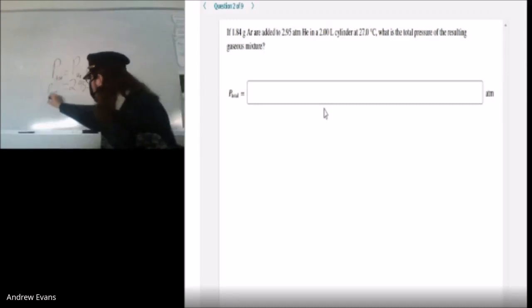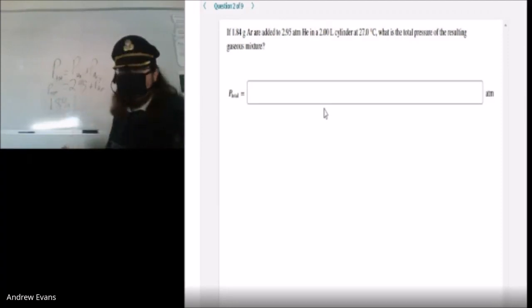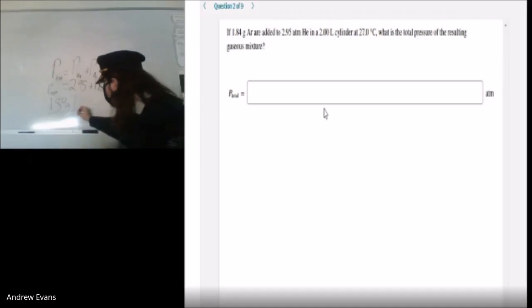So, 1.84 grams of argon, which has a molar mass, if I remember right, of about 40. 40 grams in 1 mole.